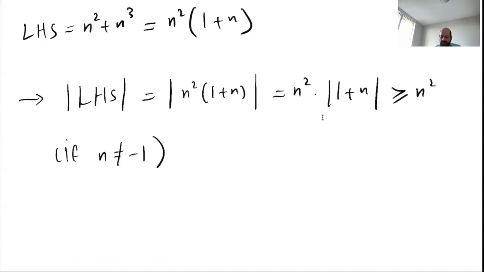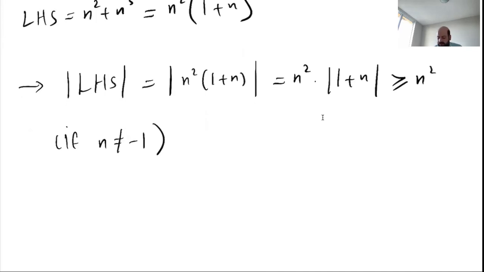So, 1 plus n is non-zero as long as n is not minus 1. Only in the case of n equals minus 1 can I check manually, as we said. But other than that, the left-hand side becomes bigger than or equal to n squared, and n squared is bigger than 100.